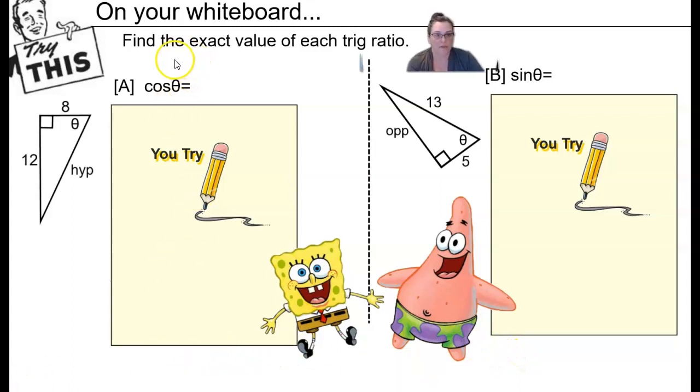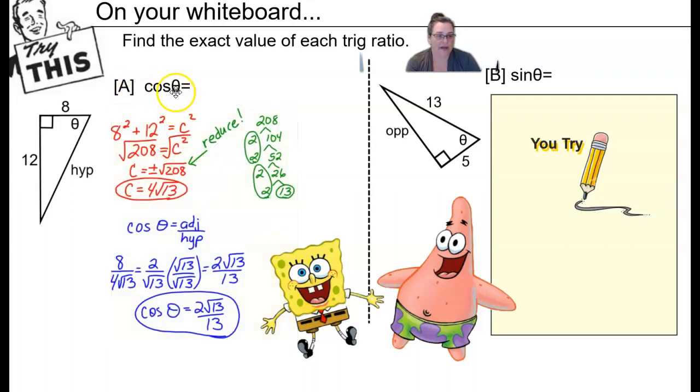Okay, so welcome back. In example A, to find the cosine of theta, first we would do the Pythagorean theorem to find the length of the hypotenuse, which is c, because cosine is the ratio of the adjacent over the hypotenuse. When we get to the square root of 208, remember to reduce that radical.